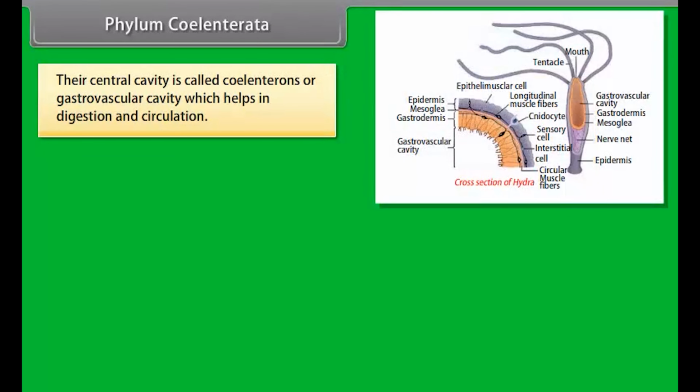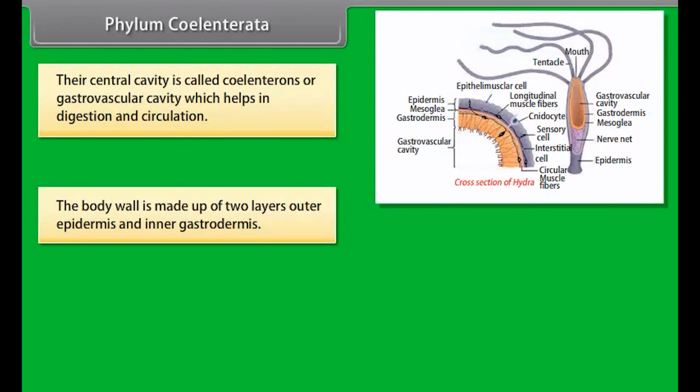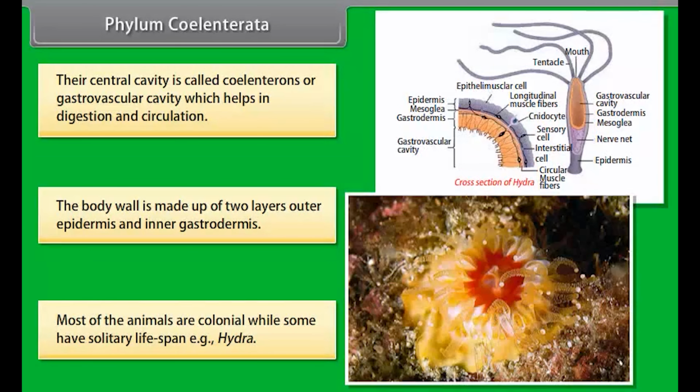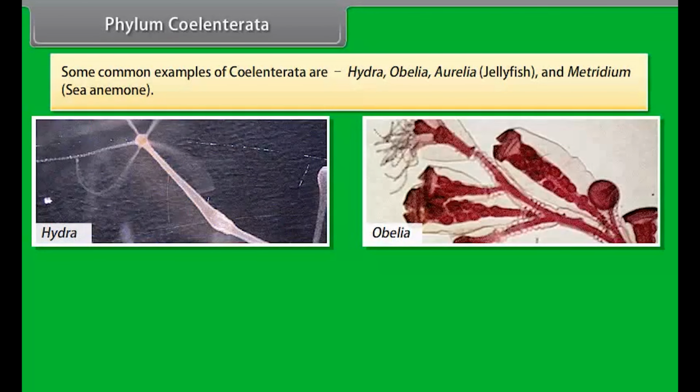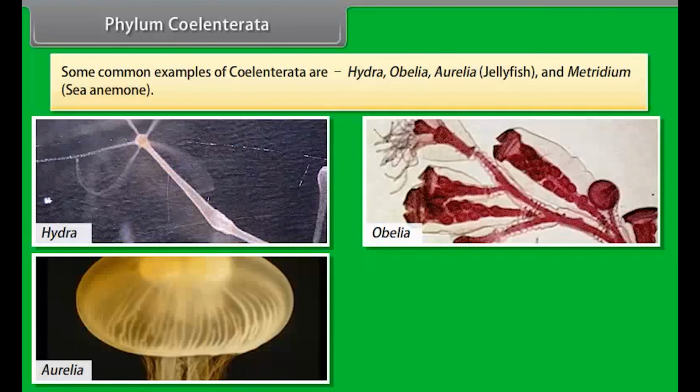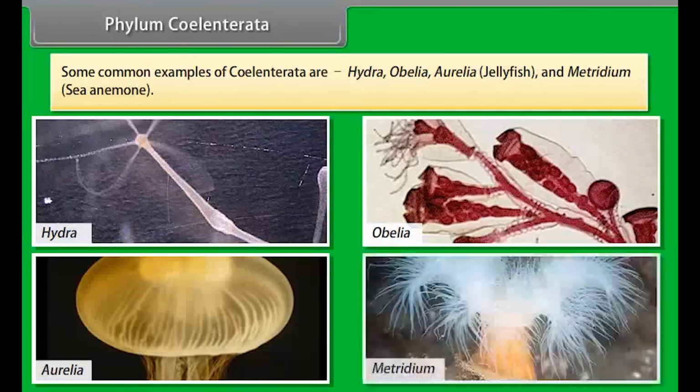Their central cavity is called coelenteron or gastrovascular cavity, which helps in digestion and circulation. The body wall is made up of two layers, outer epidermis and inner gastrodermis. Most of the animals are colonial, while some have solitary lifespan, that is, Hydra. Some common examples of Coelentrata are Hydra, Obelia, Aurelia, jellyfish, and Metridium, sea anemone.